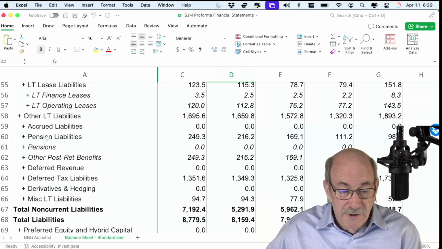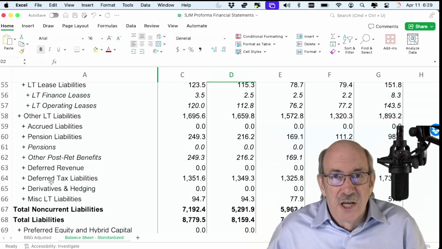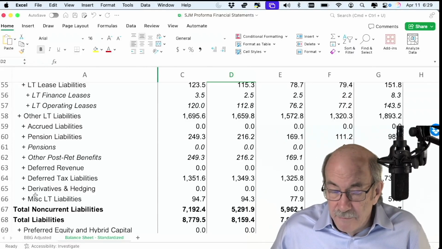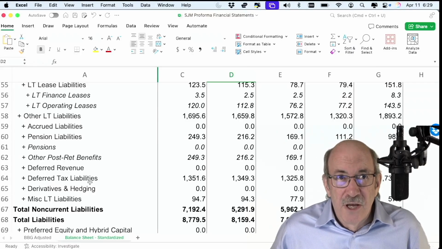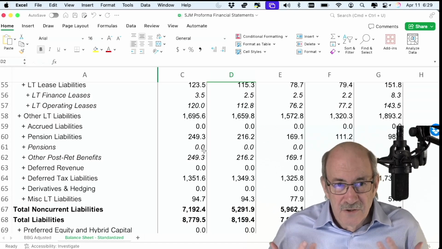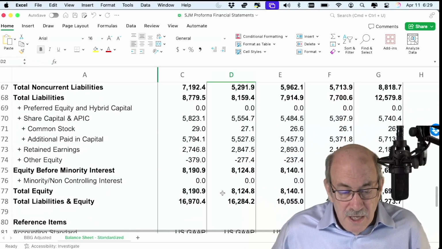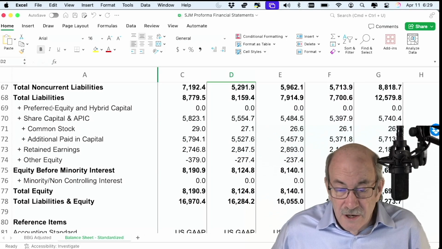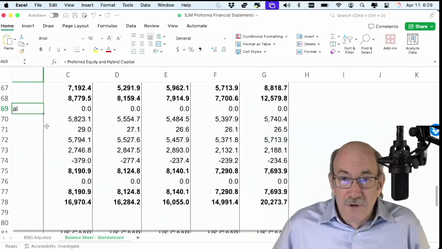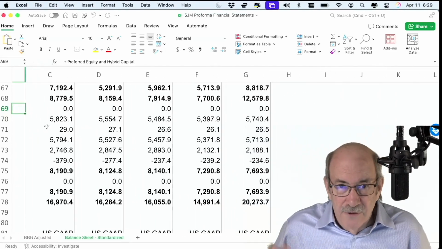We've got accrued liabilities, pensions, other post-retirement benefits, deferred revenue, a lot of things that are probably not going to matter to us and probably have modest amounts in them or are very stable over time. Either of those two things apply, and I'm going to consolidate everything and clean it up. Even here, they had a preferred equity and hybrid capital. Well, there are no values in that, so I just got rid of the account.